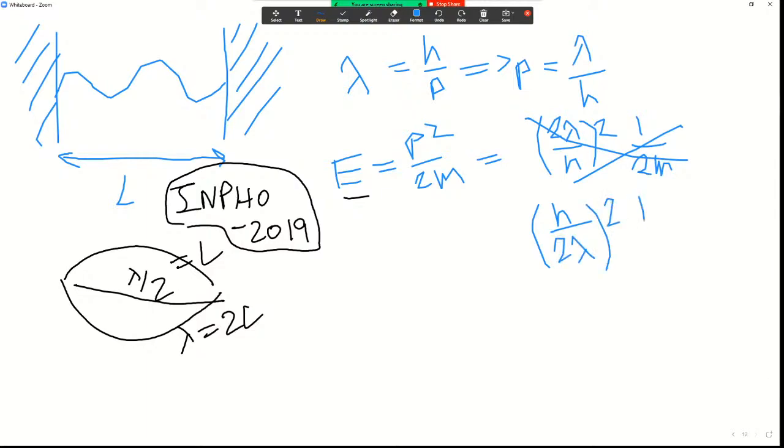I think this is a standard result. Yeah, standard result. So this is h squared over 8mL squared.